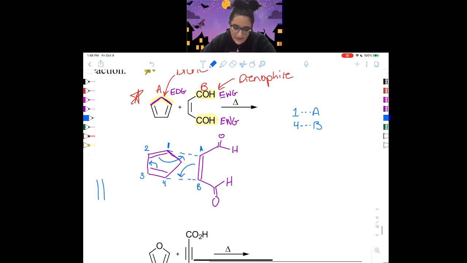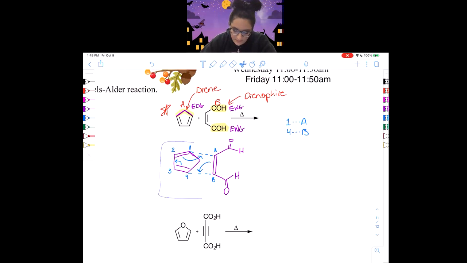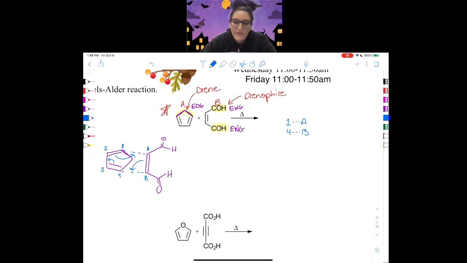And so now, I'm going to erase this so I have a little bit more room. We know that we are going to make a 6-membered ring because that's just how Diels Alder goes. And we know that that is going to come from the diene. We made these 2 bonds, and this comes from the nucleophile.